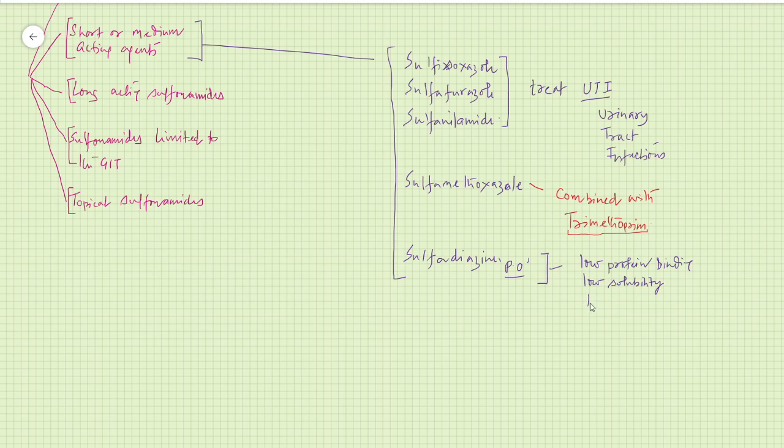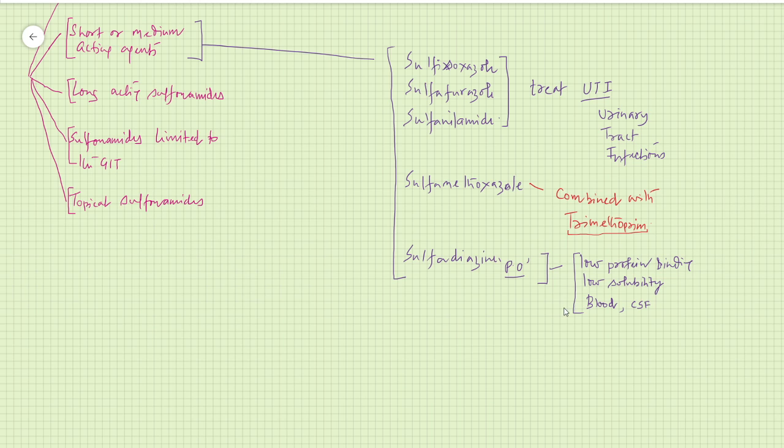It's active in the blood, so it's active against blood pathogens, and it can easily cross the cerebrospinal fluid, meaning it can cross the blood-brain barrier and enter the cerebrospinal fluid, so it can be used for CNS infections as well as bacteria growing in the blood. So we need to remember that point about this.